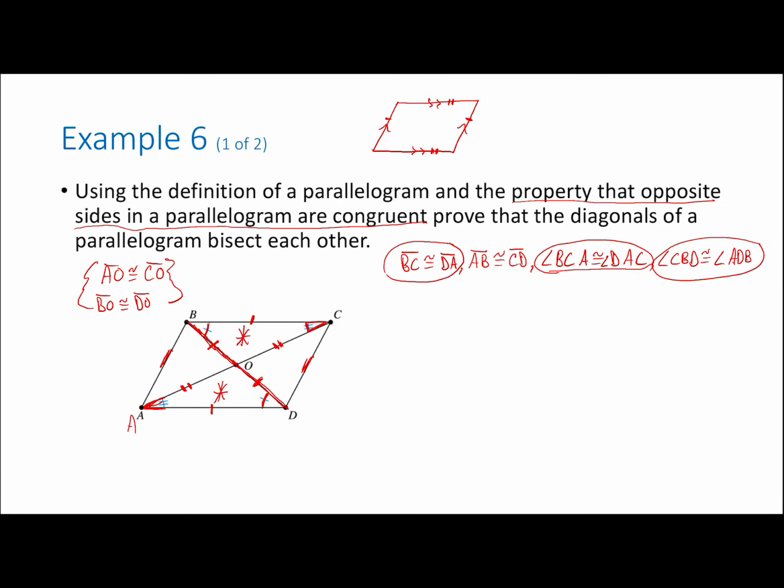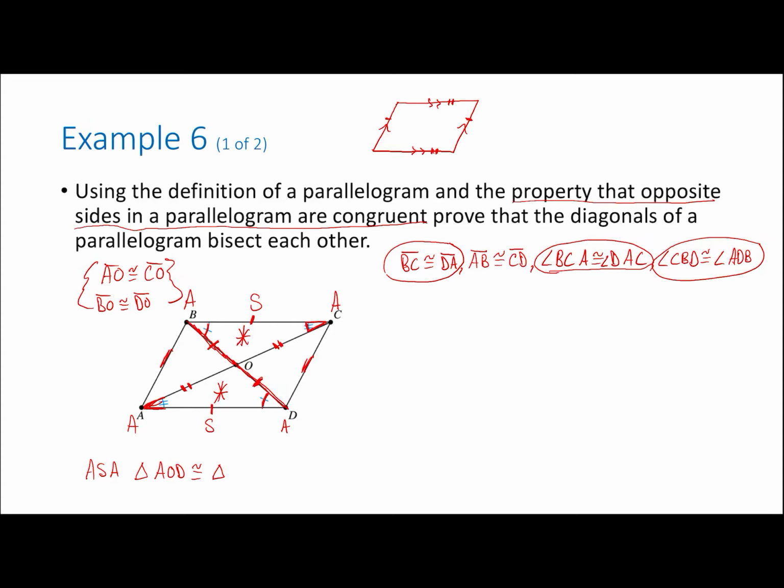Because we know that AD and BC are congruent. That's this side. And then we also know that these two angles are congruent, and these two angles are congruent. So we know an angle, a side, and an angle, and they correspond with this angle, this side, and that angle.